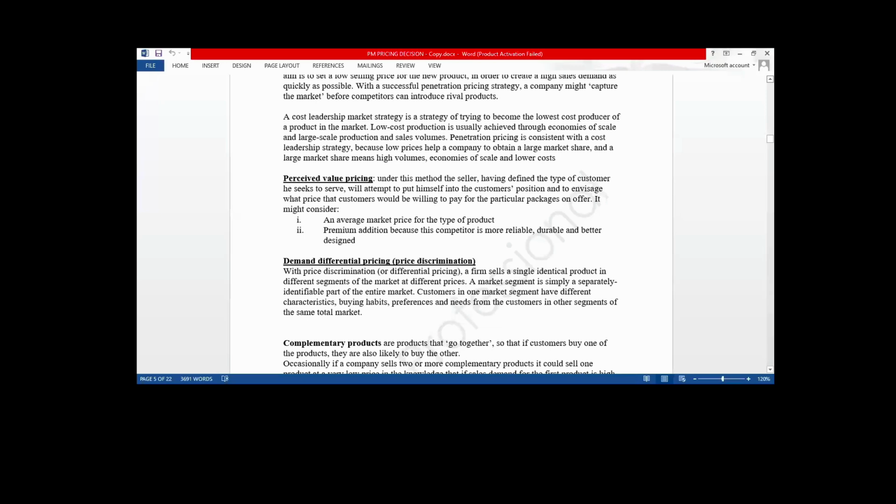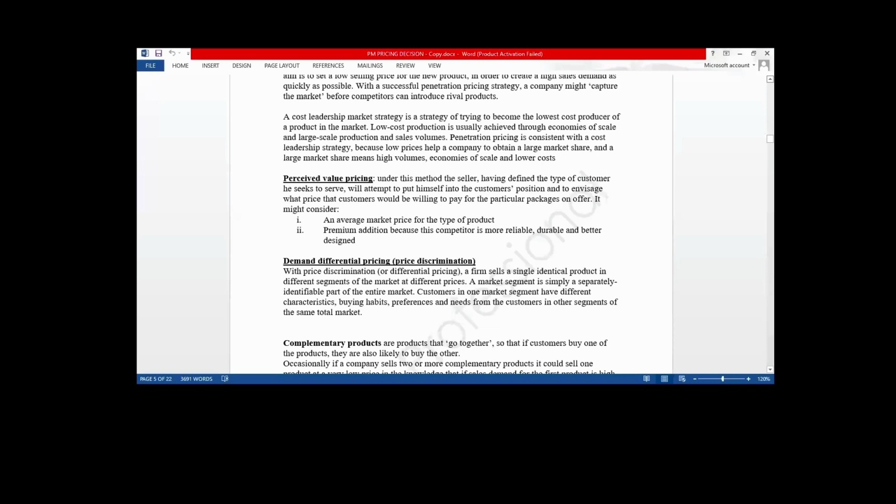Now, these two strategies are commonly used when a company is planning to introduce a new product to the market for the first time. We have other methods.